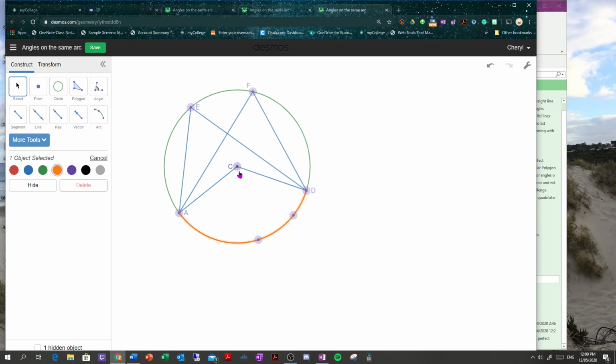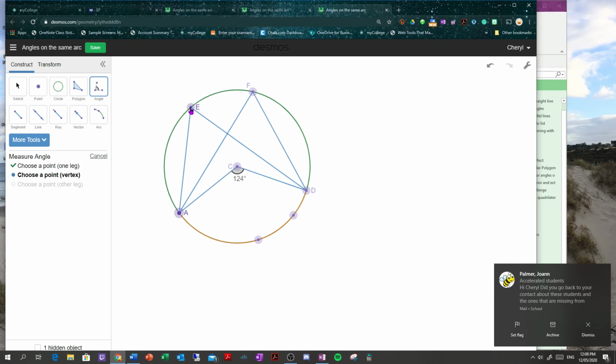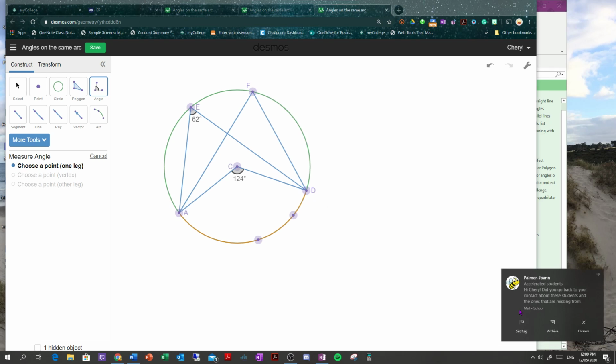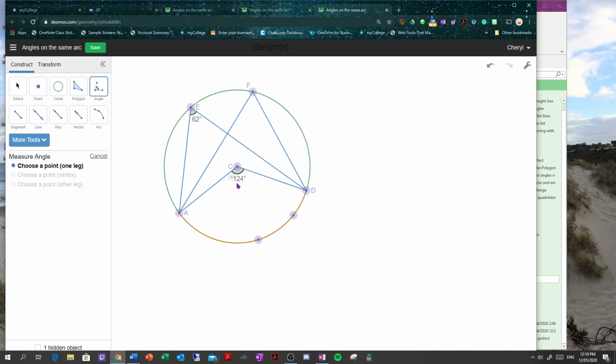They share an arc with the central angle. So guess what? If I can find the measure of ACD, and then I find the measure of AED, the relationship is 124 to 62, right?